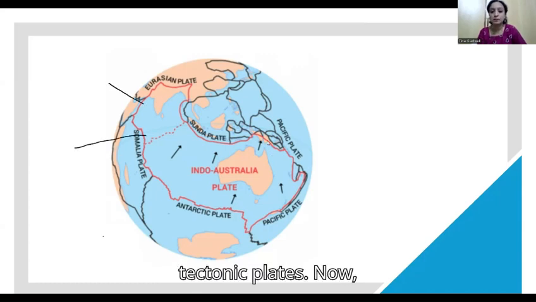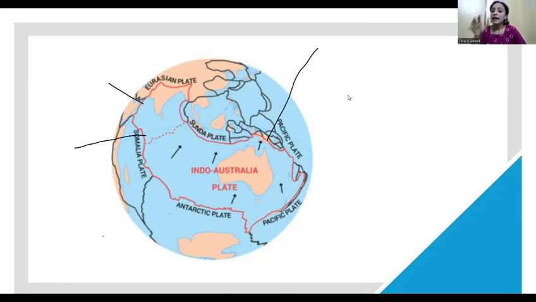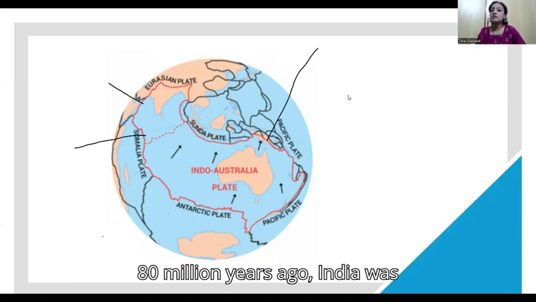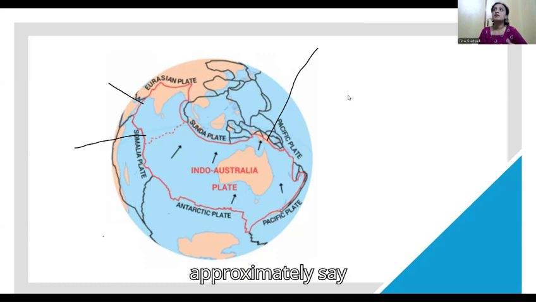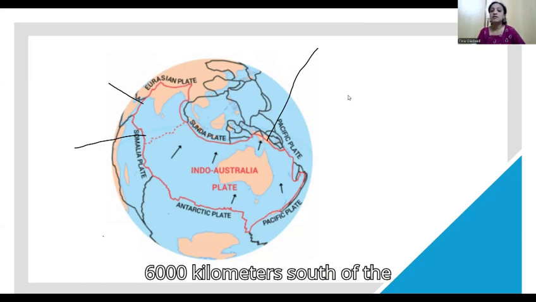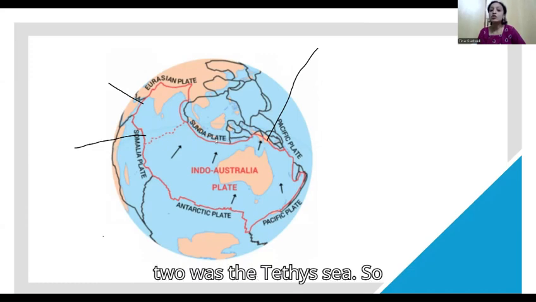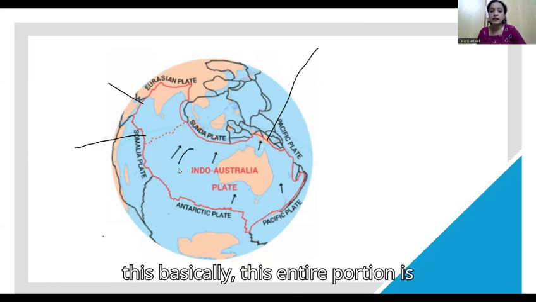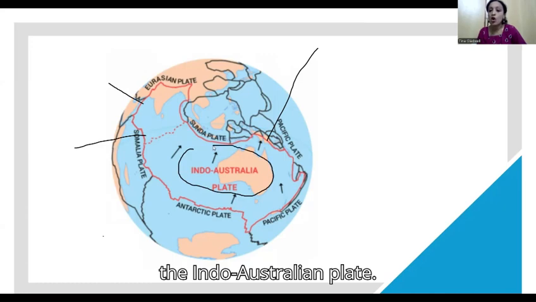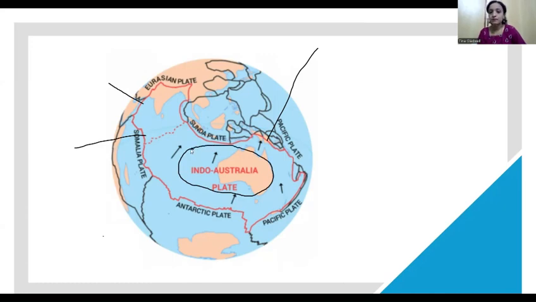are nothing but the tectonic plates. Now, 80 million years ago, India was approximately 6,000 kilometers south of the Eurasian plate. Separating the two was the Tethys Sea. So this entire portion is the Indo-Australian plate.